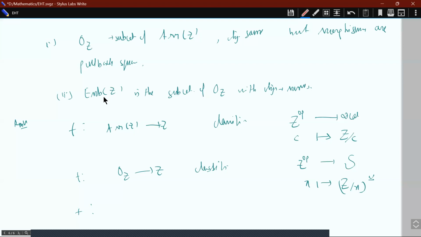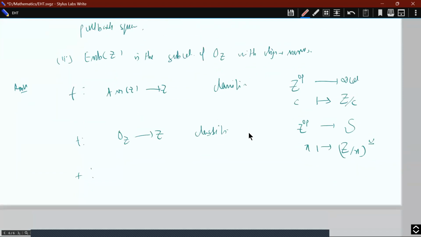This category is further a subcategory of OZ where the objects are the monomorphisms, and you have the same morphisms. We'll see in a moment how these help us define, in a way, a universal fibration for objects. That will give us a way of thinking about subobject classifiers in infinity one categories.